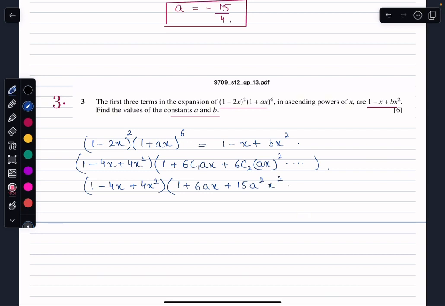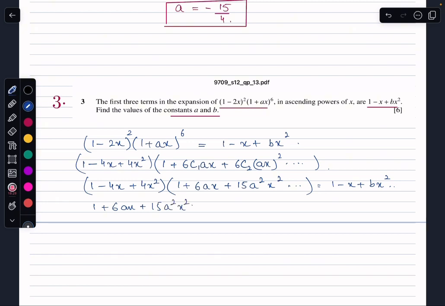So doing the expansion, just keep in mind that I need the expansion only up till the coefficient of x square, which is b in this case. 1 times 1, that would give me a 1 plus 6ax plus 15a square x square.